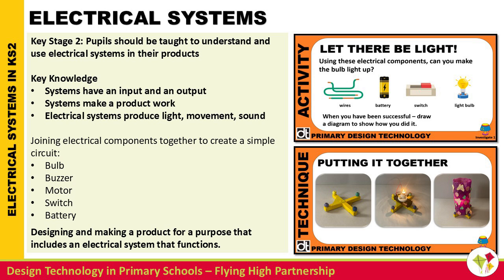This involves children knowing and understanding that the switch controls the input, which is electricity, and the output, which can either be light, movement or sound, and knowing how to create the electrical system as a component of the finished product.